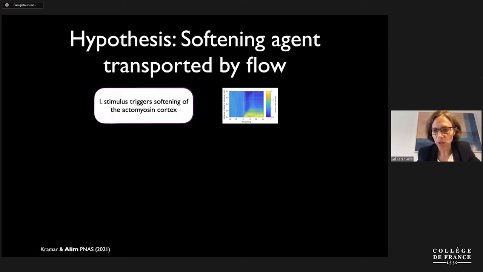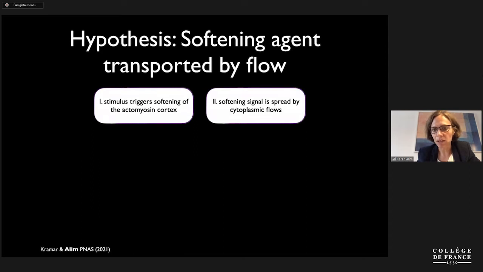Second, due to the wave speed of dilation, we expect that the softening signal is actually spread with cytoplasmic flows. And now the key is that we can cast this into a theoretical model, and the theoretical model can then make predictions that we can then use to look at our experimental data again.